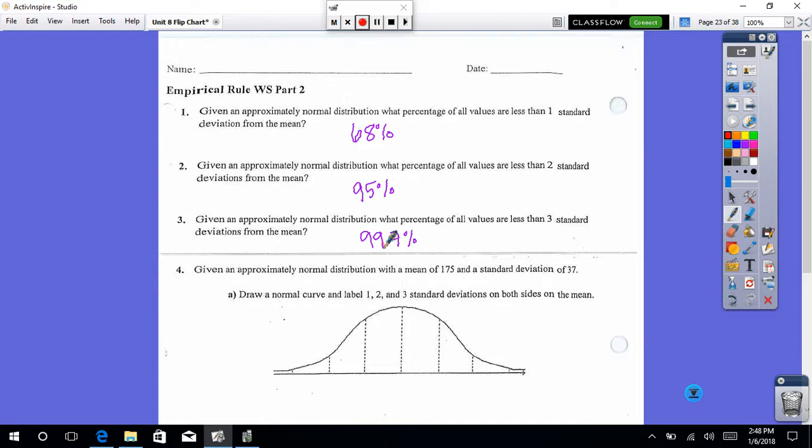Okay, so let's look at this next curve. This next bell curve, they want us to set up with a mean of 175 and a standard deviation of 37.